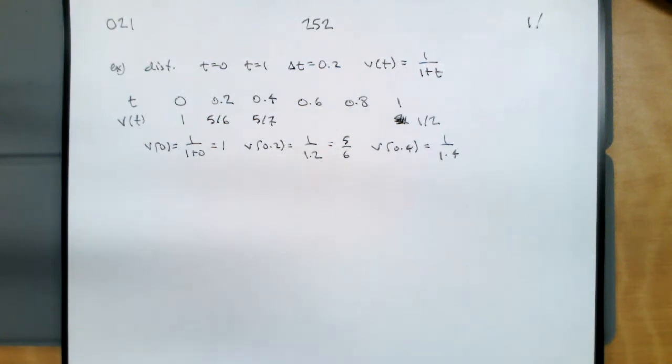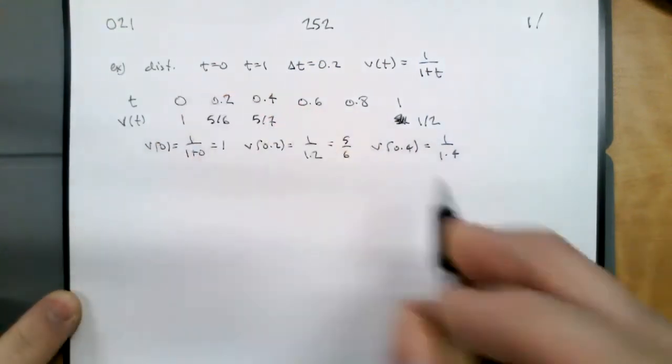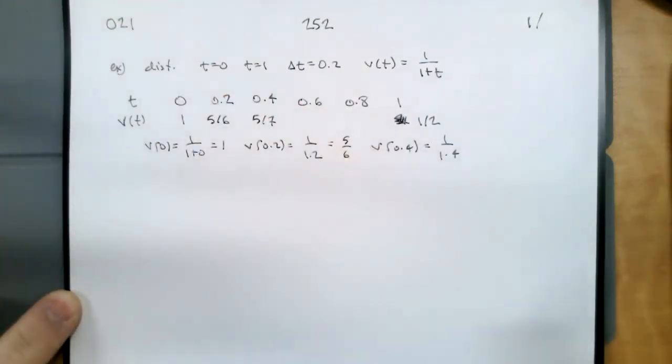and then use these values to approximate, do an overestimate or an underestimate. Now, since we have these points, we can use 1, 2, 3, 4, 5 rectangles. Sorry, 6 points. So we're going to make rectangles where the delta t is 0.2.